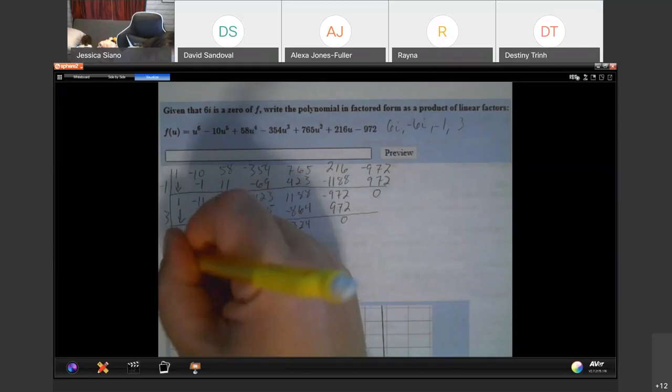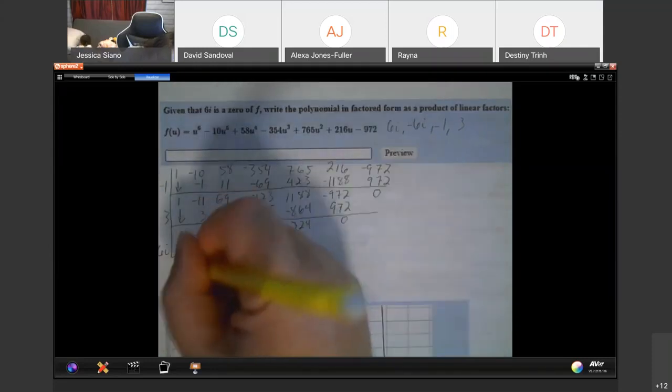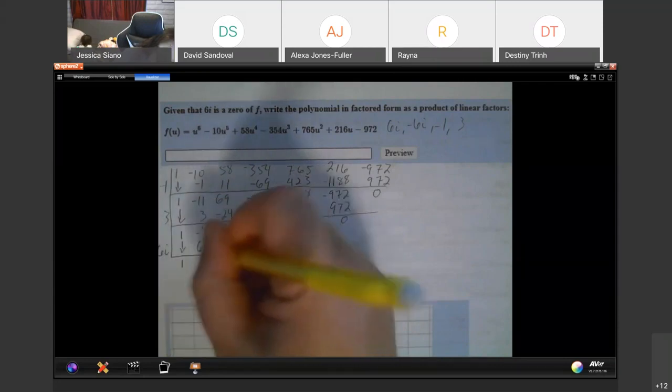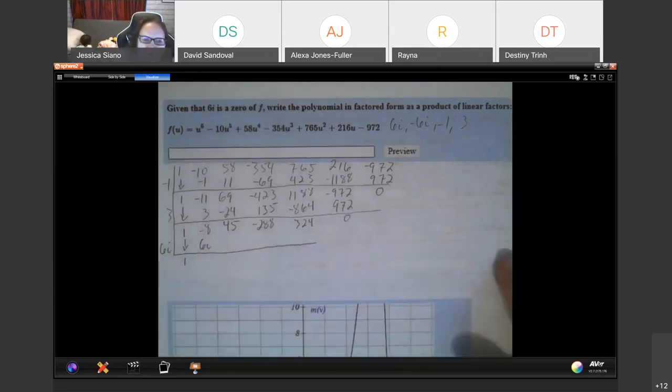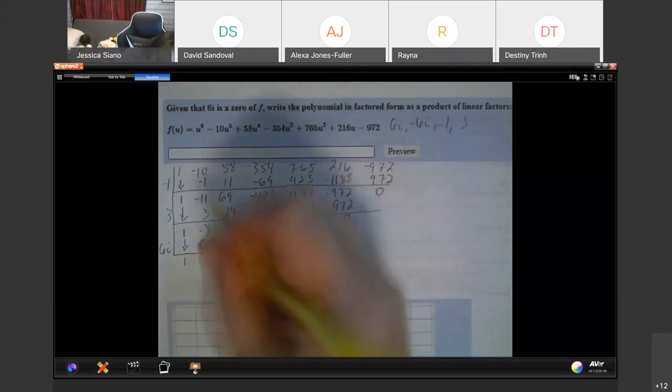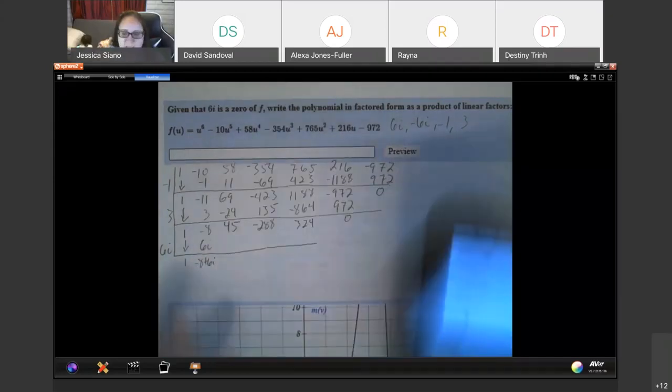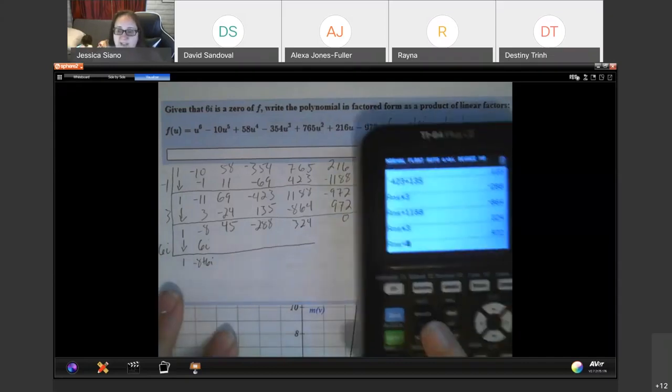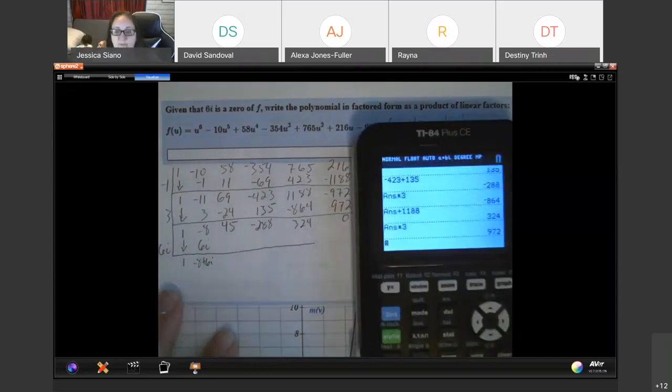Now let's do 6i. 1 times 6i is 6i. 6i and a minus 8 is a negative 8 plus 6i. Again, you'll see how I was doing all that in my calculator because I'm not even going to pretend that I would do that perfectly without the calculator.